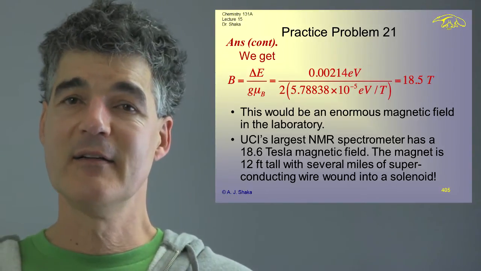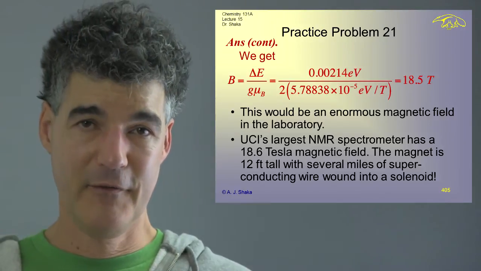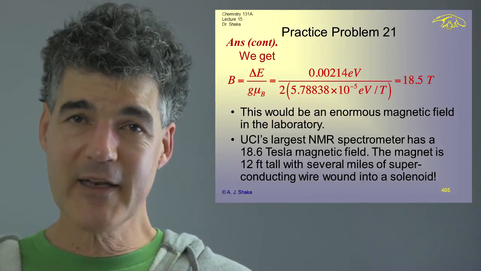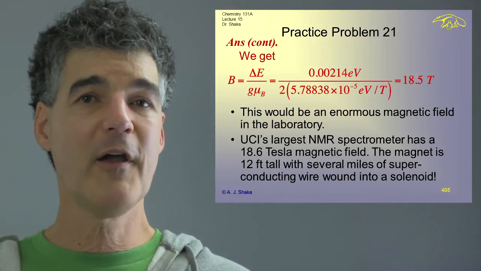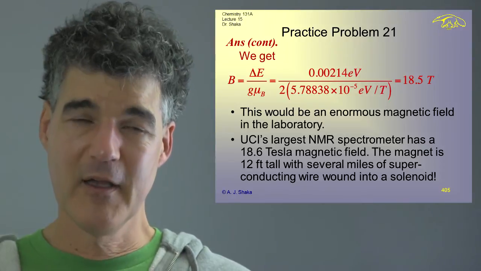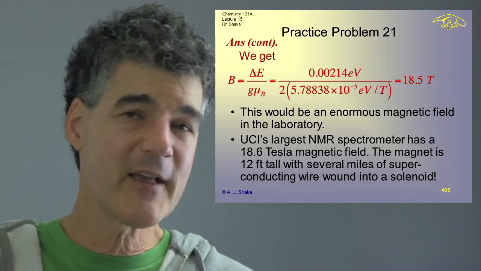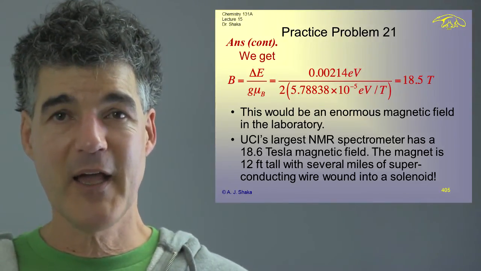18.5 Tesla is an absolutely huge magnetic field. If we tried to make a magnetic field like that in the laboratory, we would be very hard pressed. Even if we took tons and tons of wire and wound a gigantic electromagnet, we would not get such a big magnetic field.